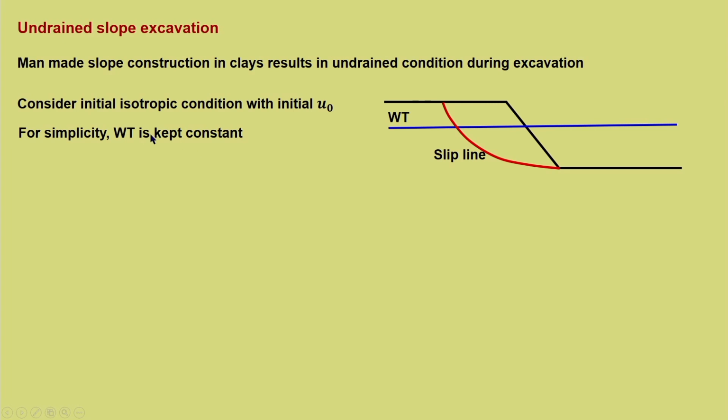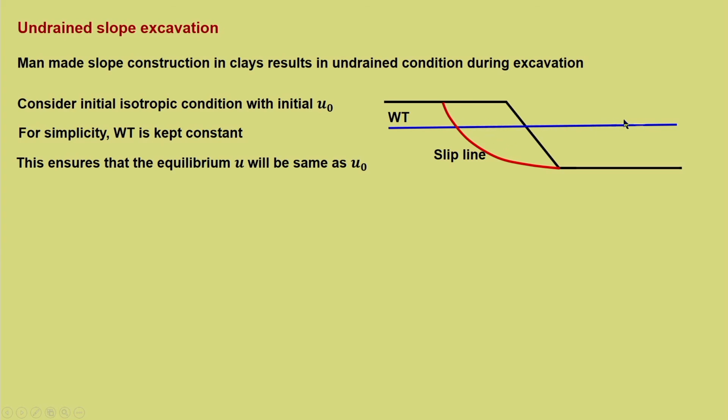For simplicity, the water table is kept constant, and why do we want to maintain this? Normally it is not maintained in this manner. First of all, the water table will be slightly lower, and because of that the phreatic line changes, and we do not want to complicate this problem with that.